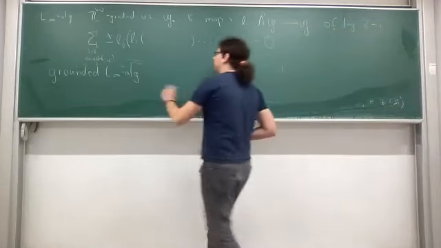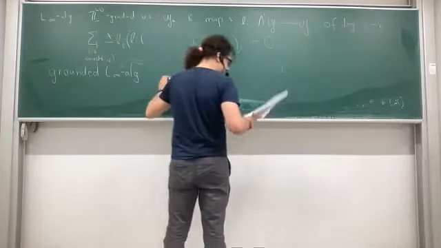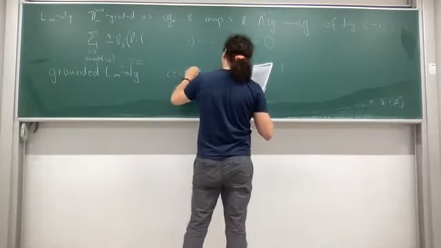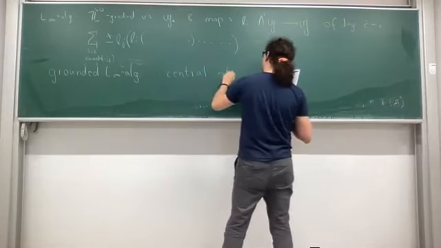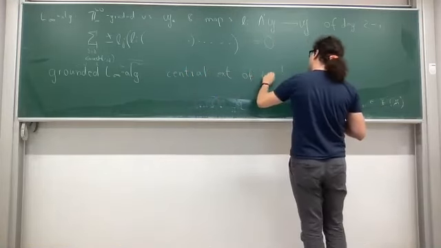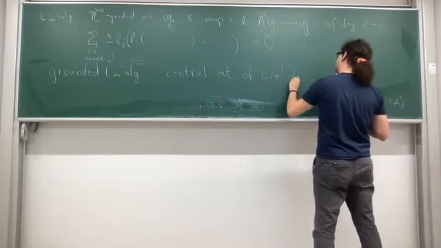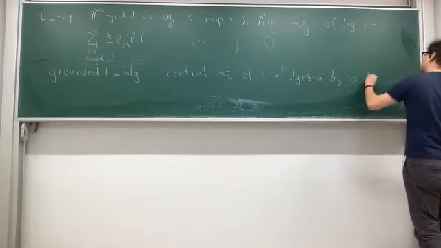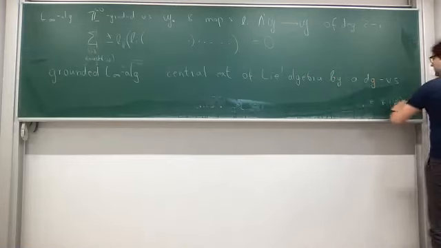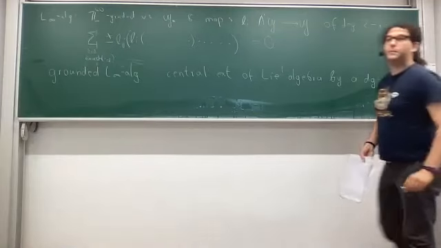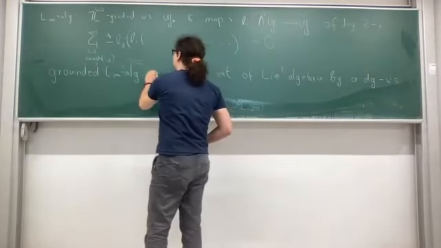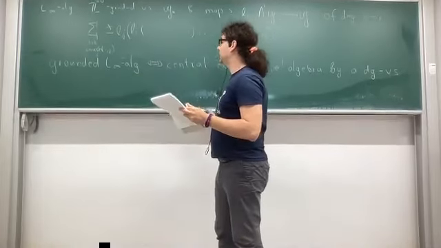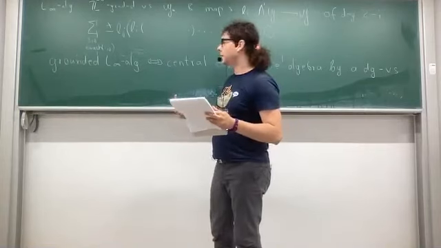And this has, one can do many different descriptions, but one of them is a central extension of a Lie algebra by a differential graded vector space. So I think that these L-infinity algebras have been observed and called very different names in different contexts.